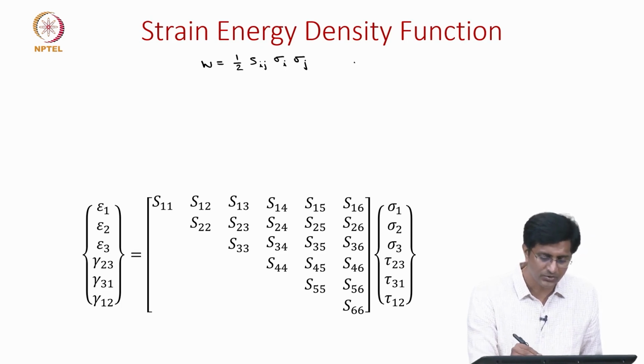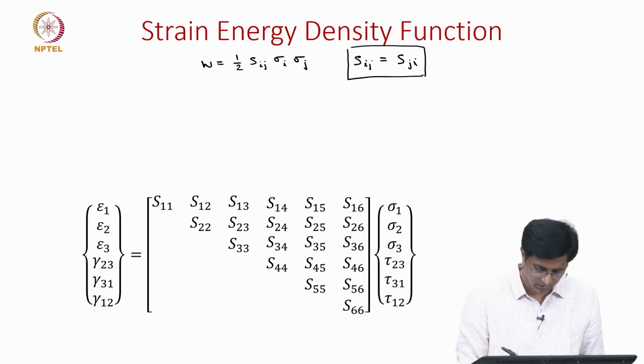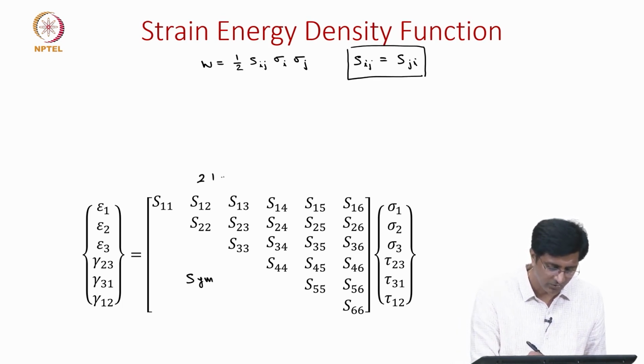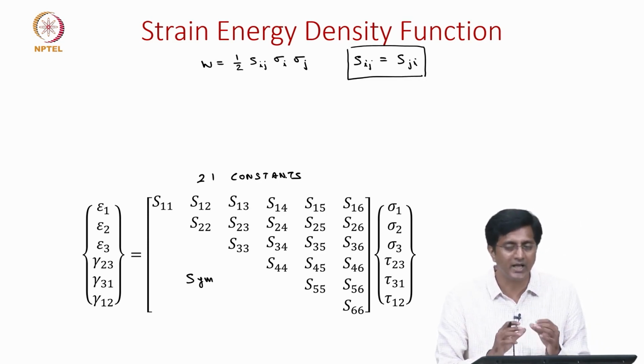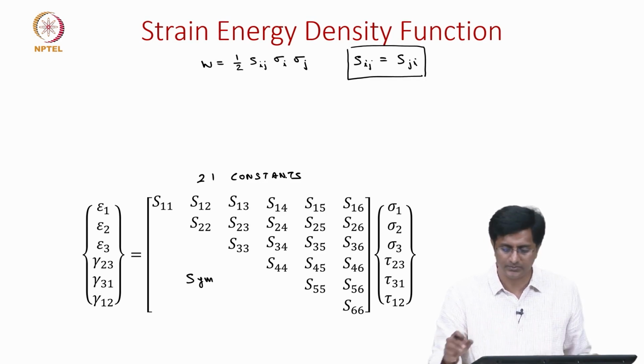And later from this you can prove that S_ij is S_ji, meaning that the compliance matrix is also symmetric, and again once we say this is symmetric, we can say there are 21 independent constants. So, we have shown that both the stiffness matrix as well as the compliance matrix have symmetry, and because of this symmetry we have further reduced the number of independent constants to 21.